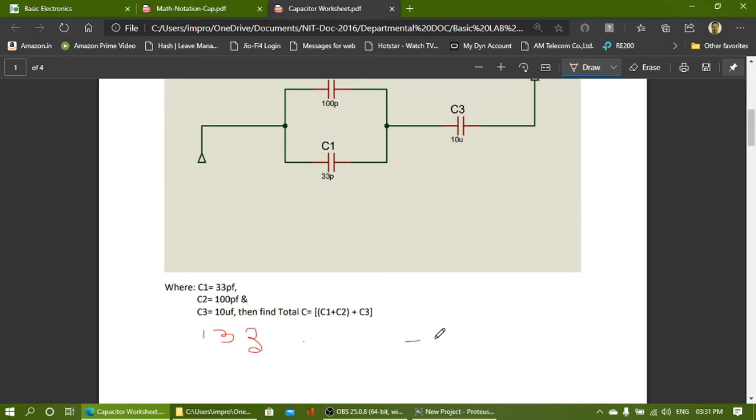So you will need to do it this way: 1 by 133 and then 1 by 10 to the power 6, because C3 is in microfarad, you have to make it picofarad.